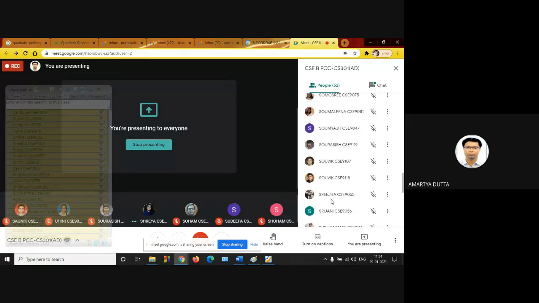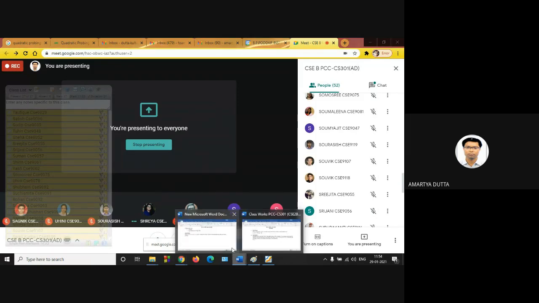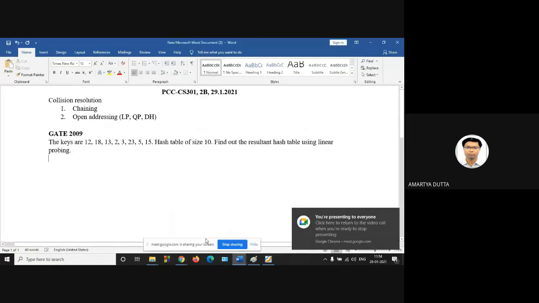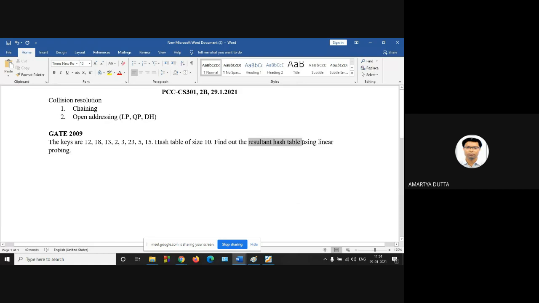Any query regarding this problem? You have to find out the resultant hash table using linear probing.